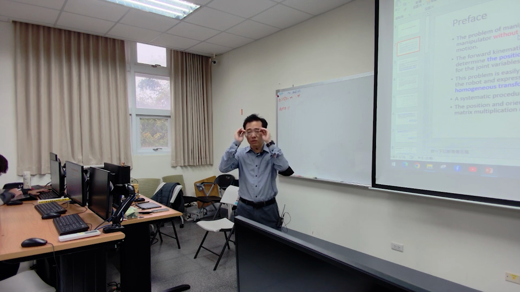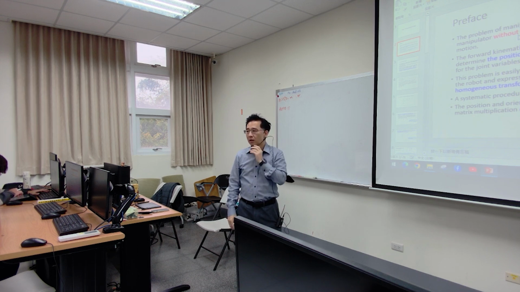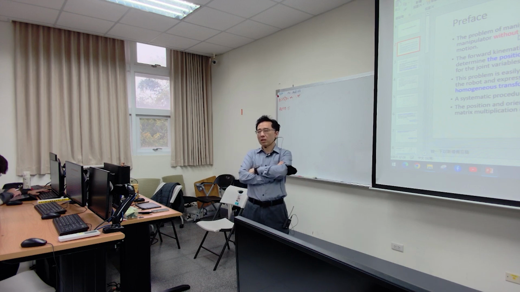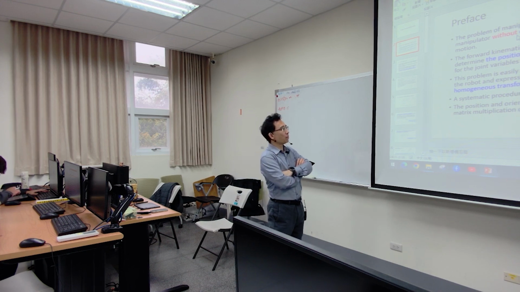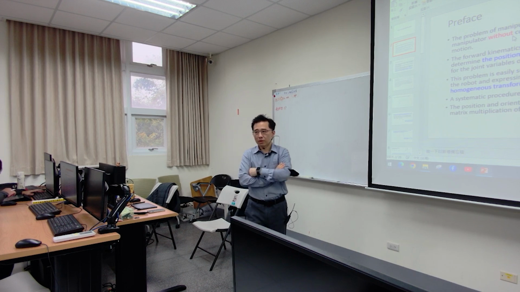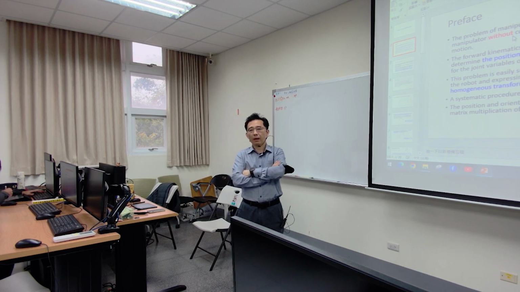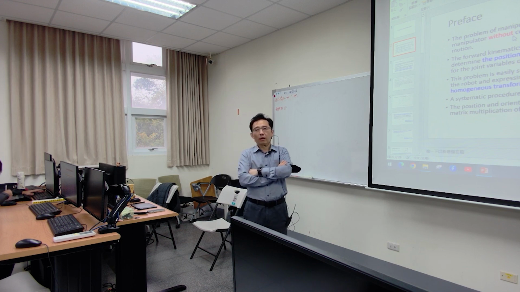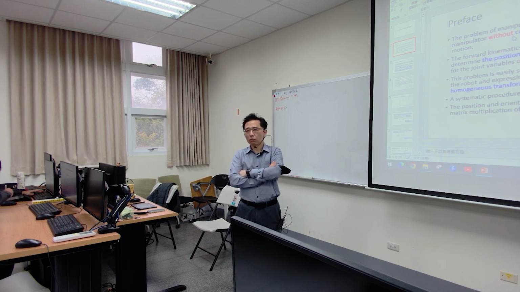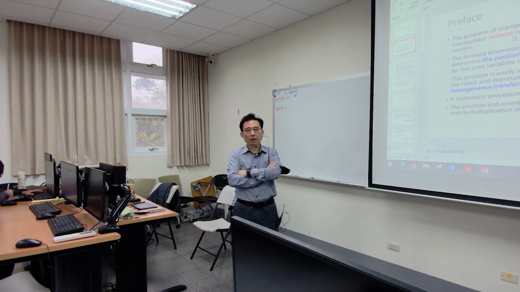As I mentioned in the first class, kinematics and dynamics are quite different. But if you have interest, the book I introduced to you contains everything. We don't have a long enough class to introduce it all.